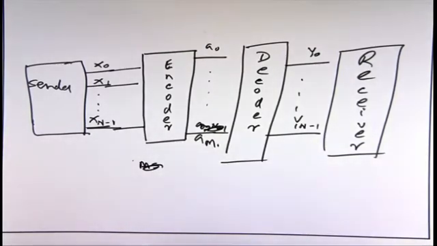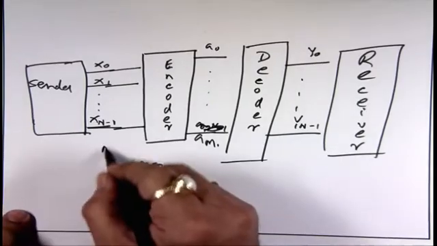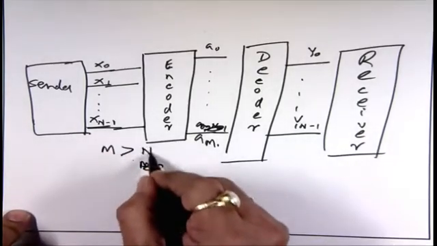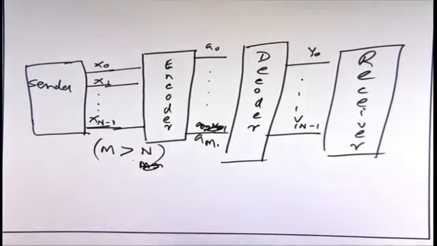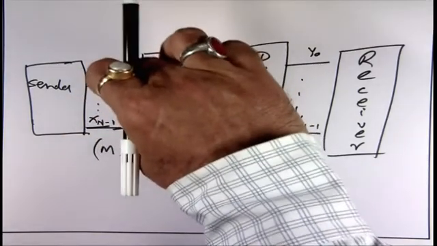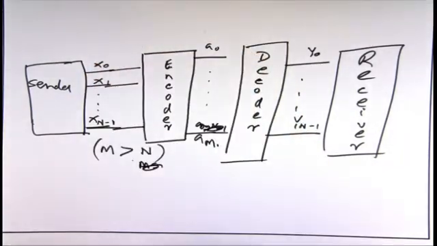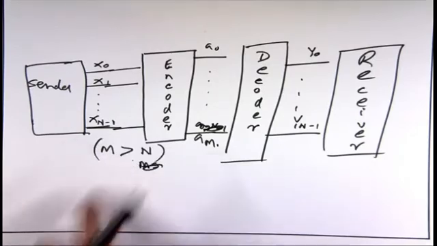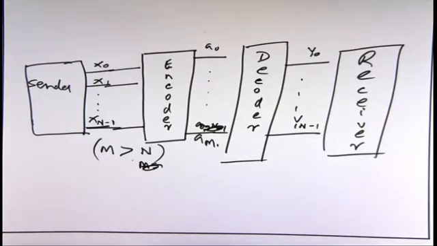Normally m is much larger compared to n. That means redundancy is called for when you try to introduce redundancy. With 1-to-1 mapping, for each n bit number there is a unique m bit number. So 2 to the power m minus 2 to the power n combinations are never going to be used.